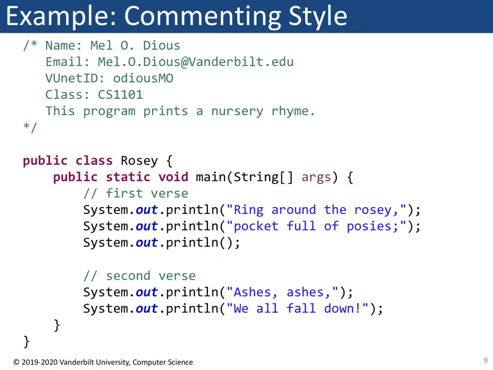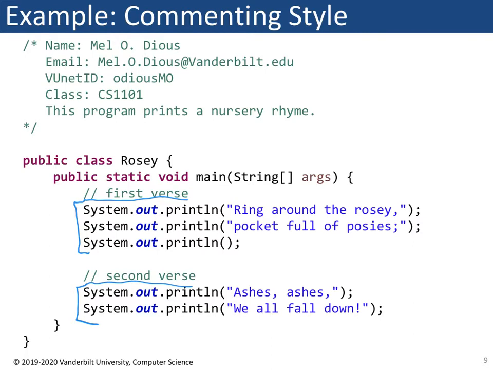And these single-line comments are being used to communicate what function the following section of code has. So this comment tells us that this section of code prints out the first verse. This comment tells us that this section of code prints out the second verse. And that's really a good commenting style here.